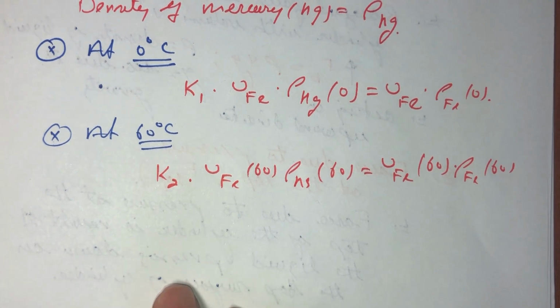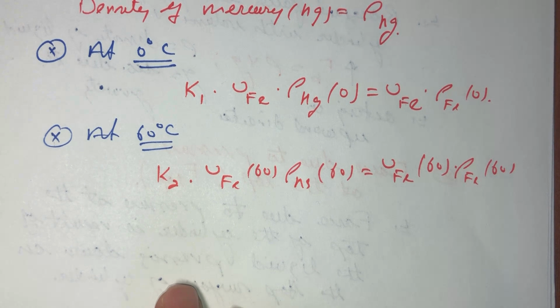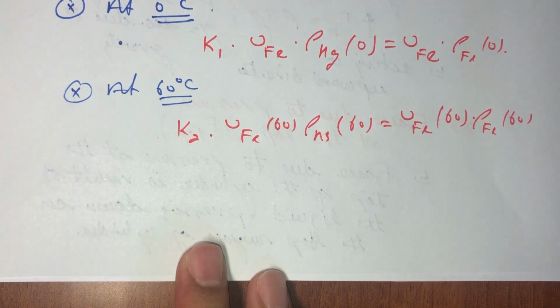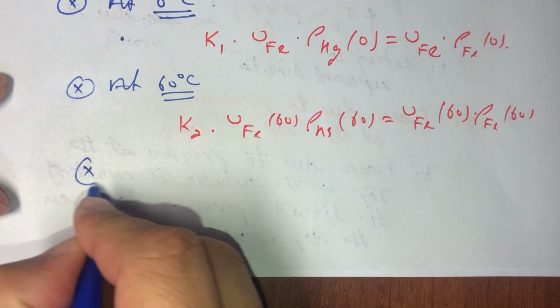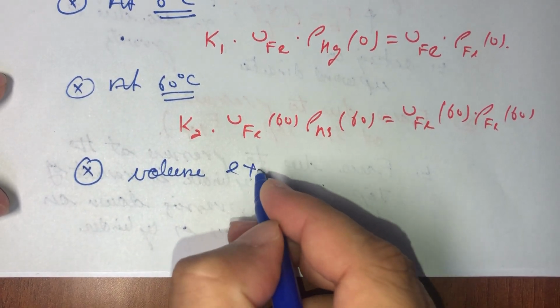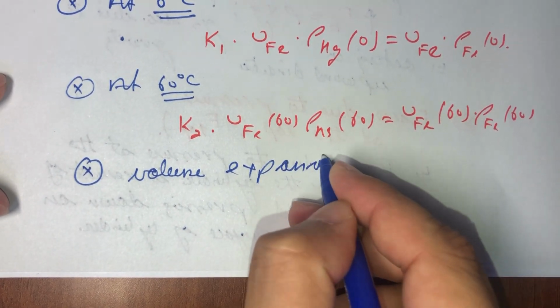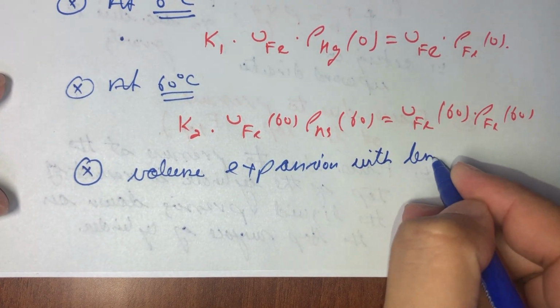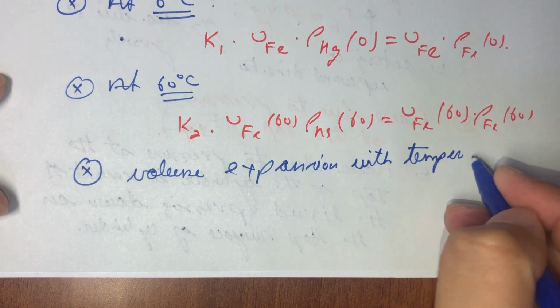Now we also know that as the temperature is going to change, there will be expansion in the iron block as well as in the mercury. And that we can call volume expansion with temperature.